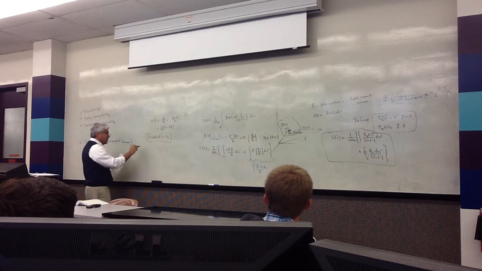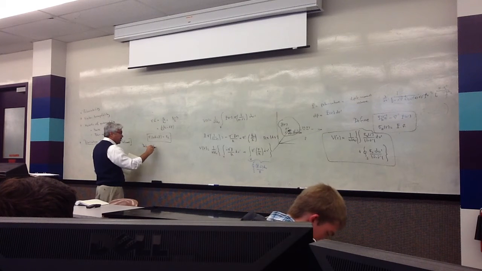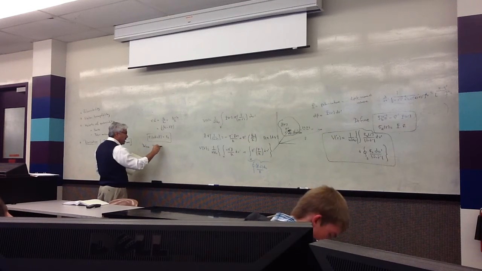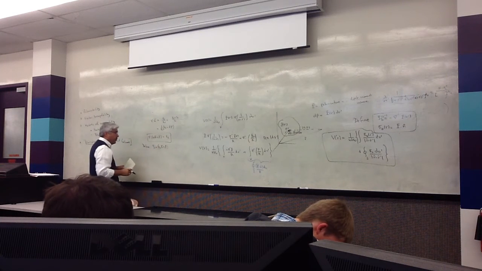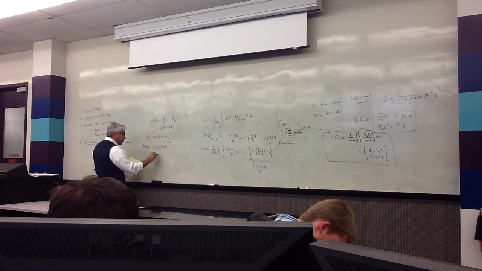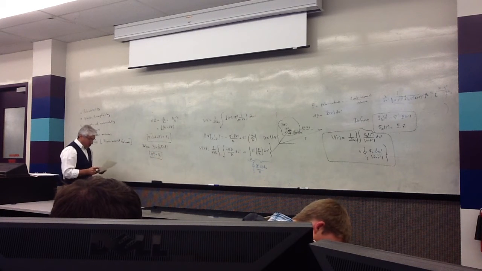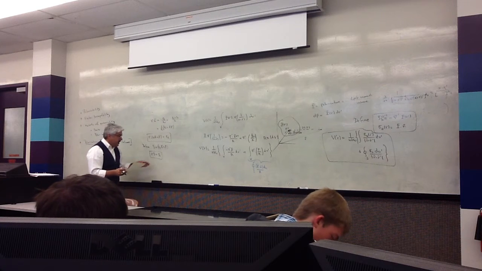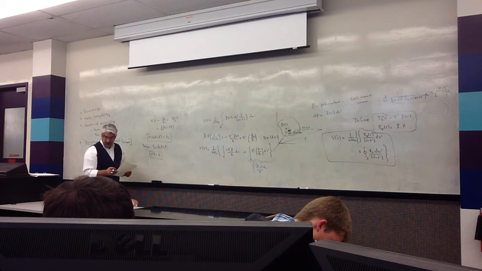So define a displacement vector D, which is equal to epsilon 0 E plus P. Then my equation goes down to del dot D is equal to rho free. This is what I got, right? So I cannot make any sense out of this problem unless P is proportional to E.